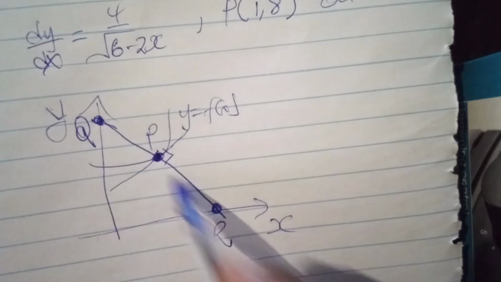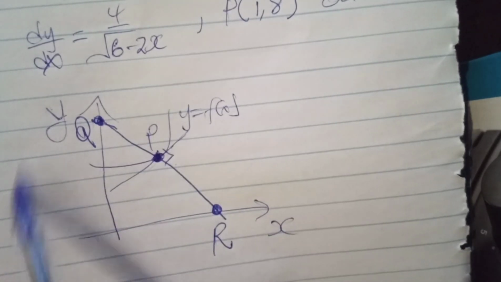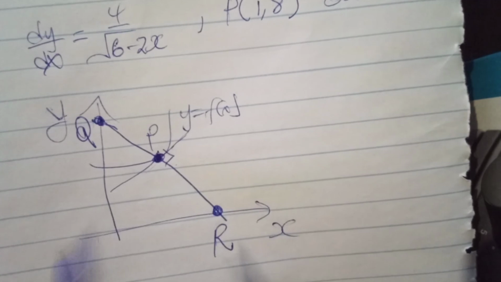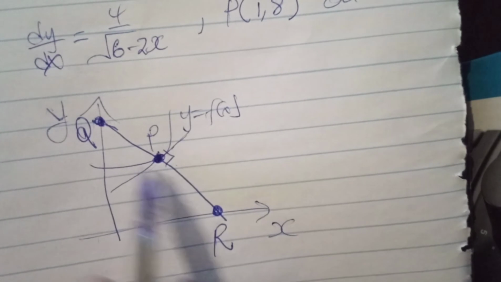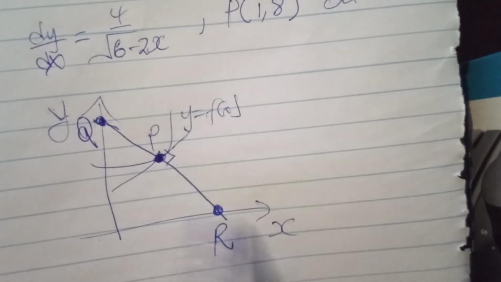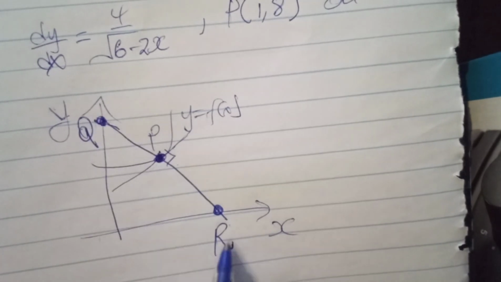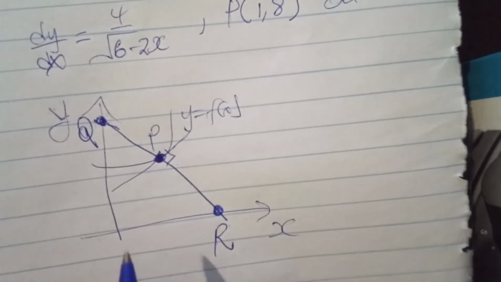So this will be the line QR. So first we need to determine these points, and then we find the point midway.